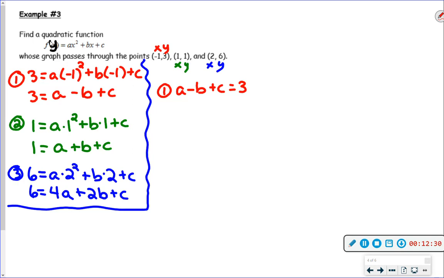And then my second equation, I'll pair up with it, but I'm going to run a negative through it. So negative a, negative b, negative c, negative 1. All right, let's add those up. Oh, a's cancel, we got it. Negative 2b, c's cancel, that's kind of nice. 3 minus 1, 2. b equals negative 1.